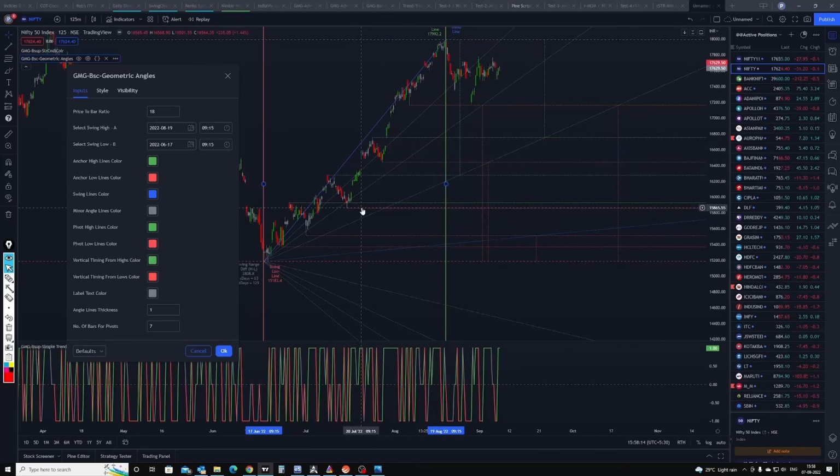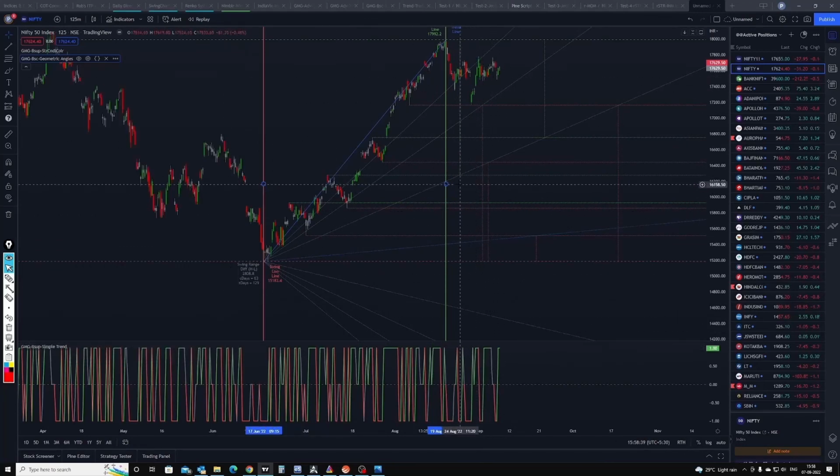But I'll advise you to keep it at a reasonable level. Otherwise you will get too many pivot lines and that will clutter the chart. Too many lines are also not good for you. So keep it at optimum. I'll keep it at 8. So this is looking good. The vertical lines drawn from these intersections are the trend change time.